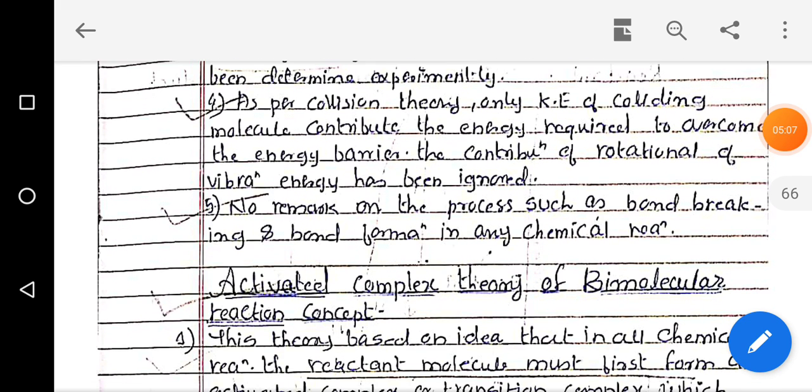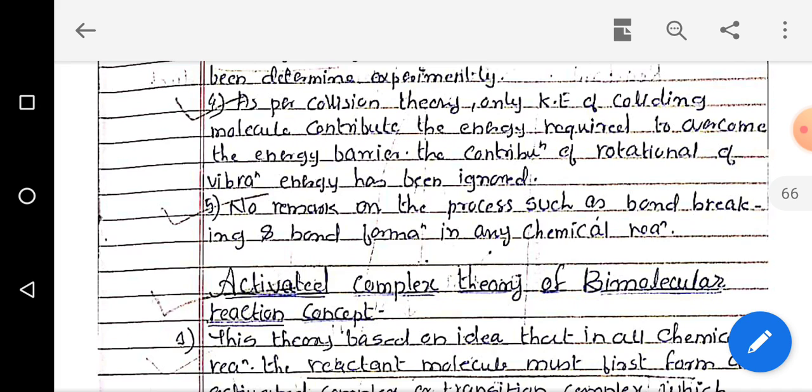As per the collision theory, only the kinetic energy of the colliding molecules decides. Each molecule has different types of motions. Some molecules have vibrational motion, some have translational motion, some have rotational motion, and along with these motions the molecules collide with each other. So the theory cannot explain the remaining types of energies.